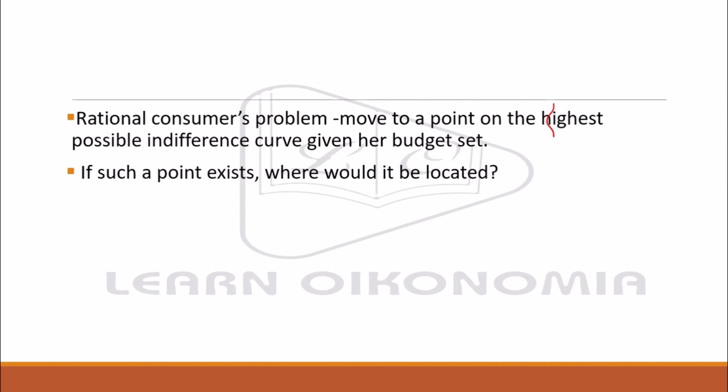Because we know that when you move to a higher IC, this will be increasing your satisfaction level, isn't it? So if you do have a point like that, where can it be located? That is what we are going to see now.